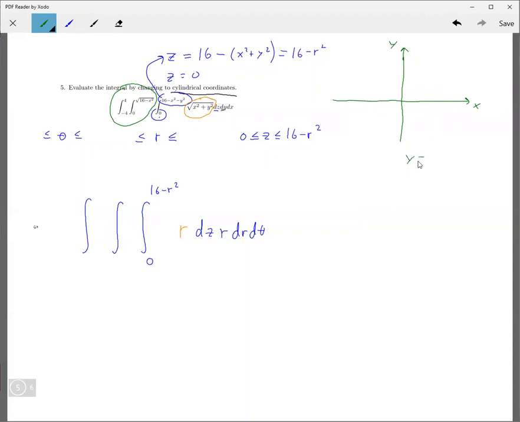So we have y equals 0 to y equals the square root of 16 minus x squared. Y equals 0 is the x-axis. What's y equals the square root of 16 minus x squared?